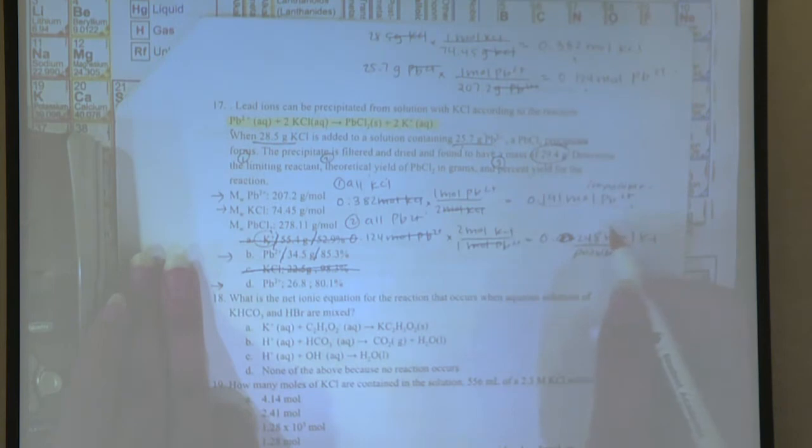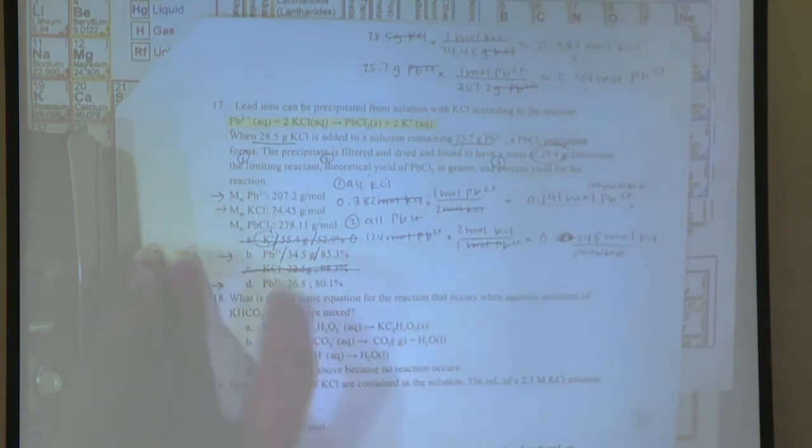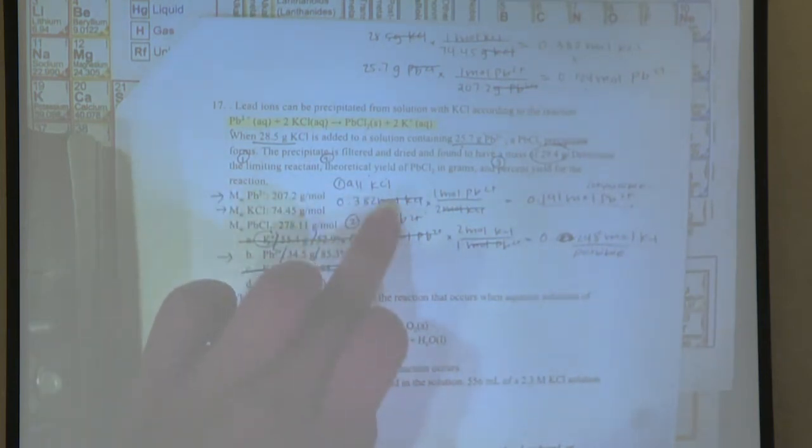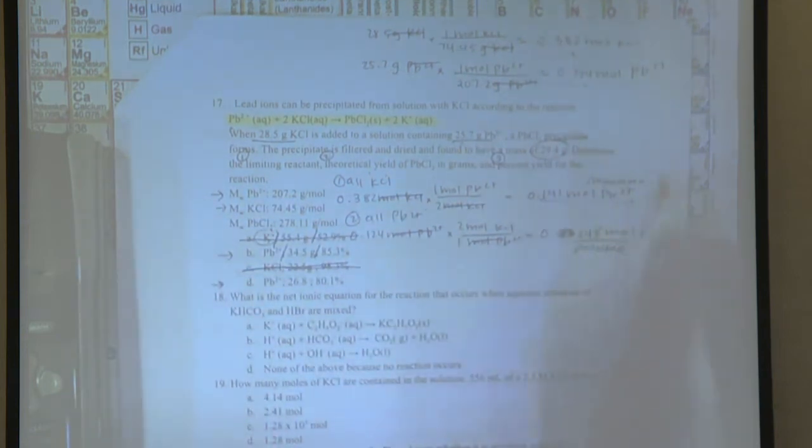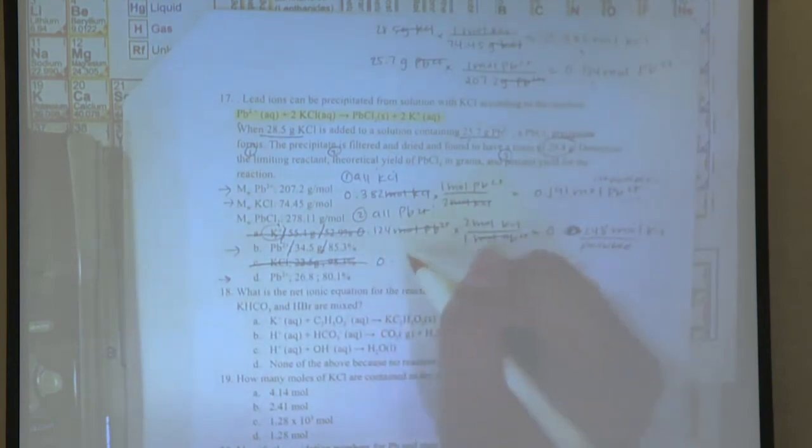Next, I'm going to find the theoretical yield of PbCl2 in grams. So, right, how many moles of Pb2+ do I have? Here, sorry, okay. My limiting reagent is Pb2+, right?